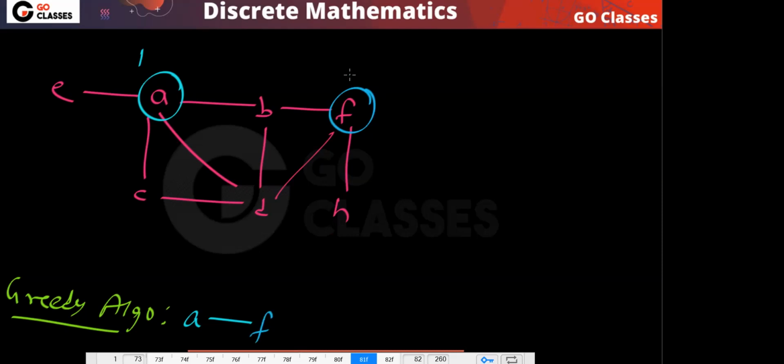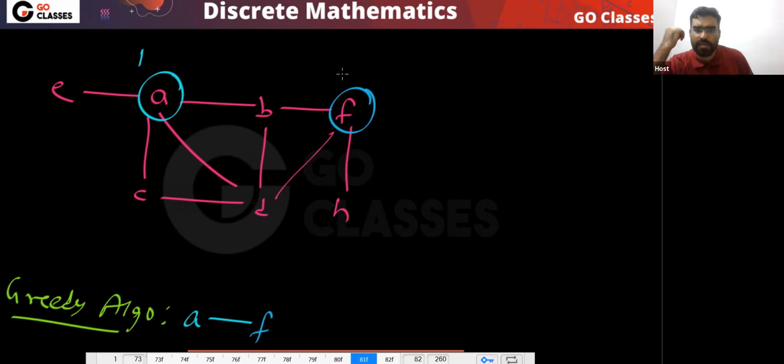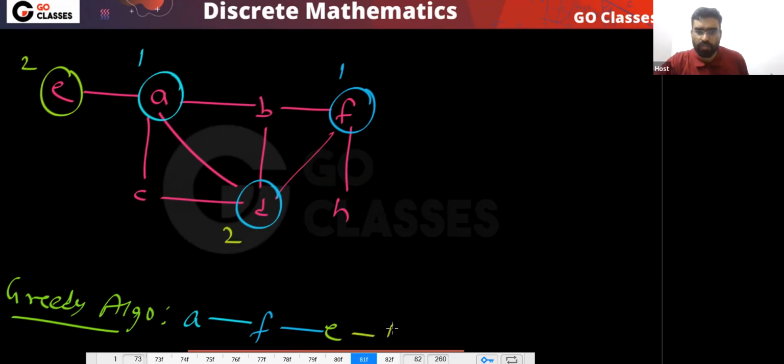What is the minimum color available? The minimum color available is this. I can go to any vertex now. What is the minimum color available? That is 2. Next, what is the minimum color available here? That is 2.